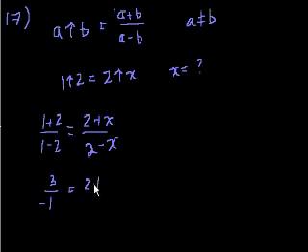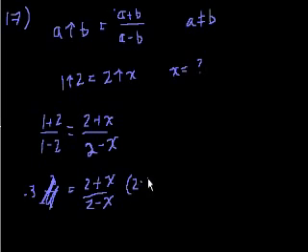is equal to 2 plus x over 2 minus x. And of course, this is just equal to negative 3, right? And now we can multiply both sides of this equation by 2 minus x, because we know that x can't be equal to 2, since A can't equal B. So we know we're not multiplying both sides by 0. That's all I'm doing.